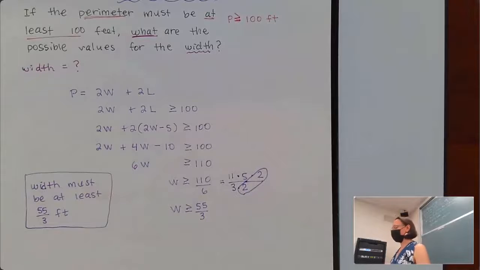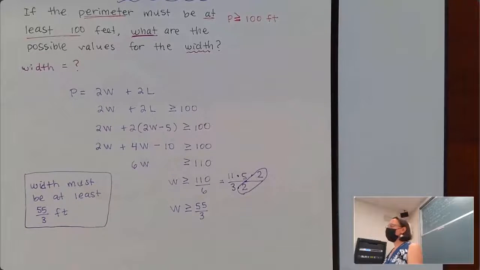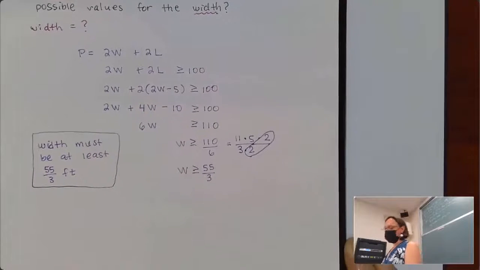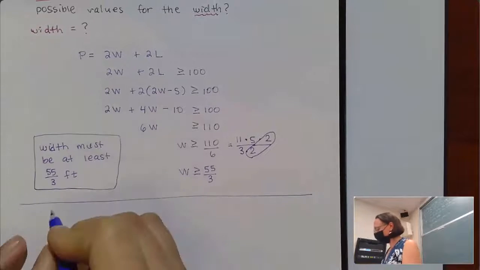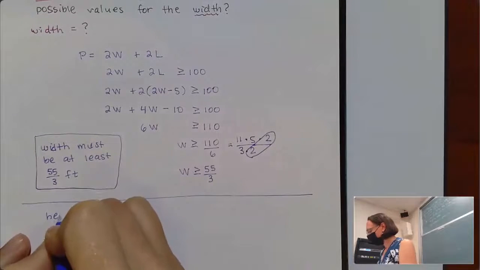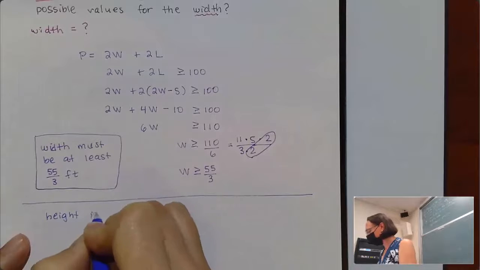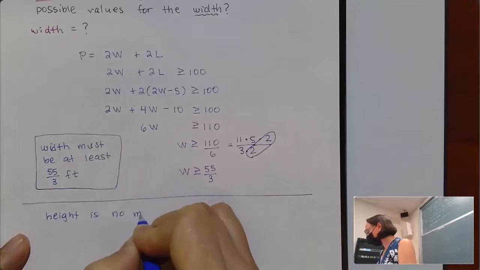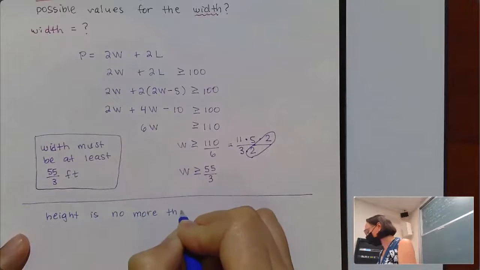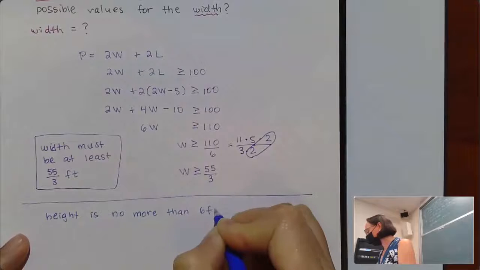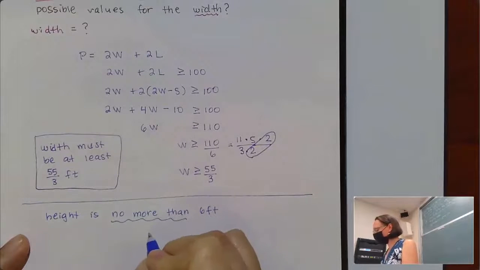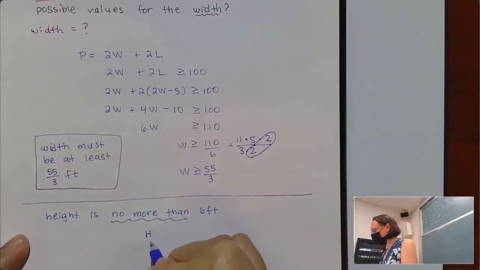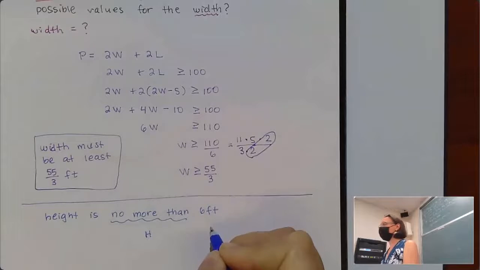Just to practice some of the phrasing. If I said height is no more than 6 feet, then that phrase no more than would tell me that the height could be up to 6 feet, but it would have to be 6 feet or less.